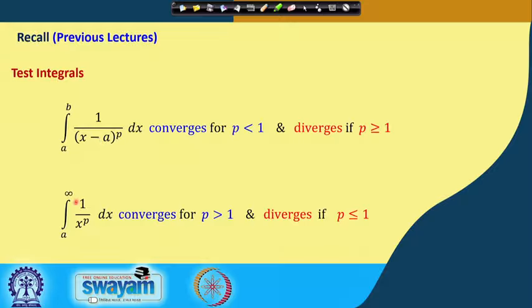When we were discussing improper integrals of type 1, the integral of 1 over x power p converges when p is greater than 1, and diverges for p less than or equal to 1. So, these two integrals will be used again for the comparison test of those special functions.